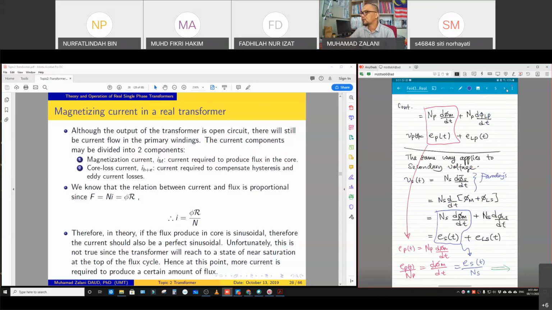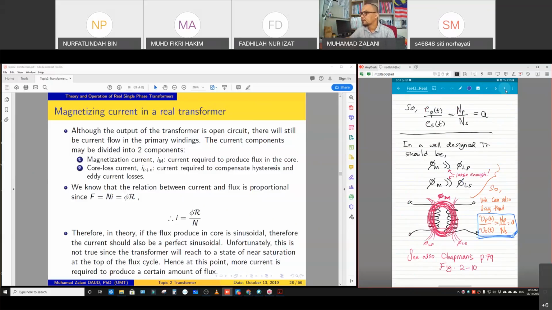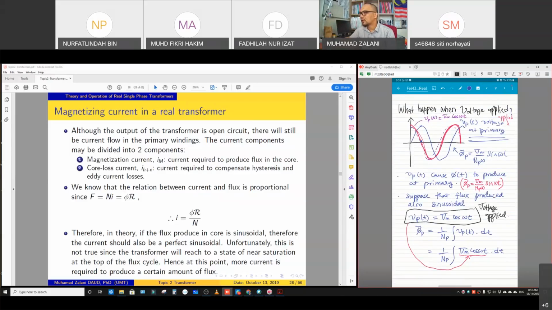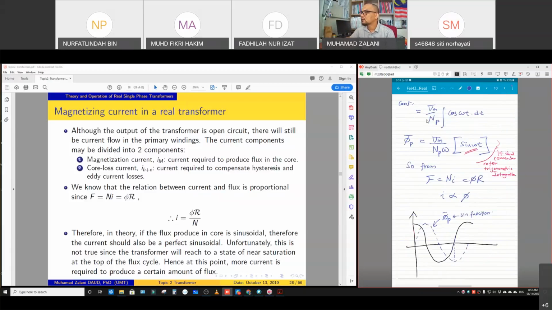So we can use that equation here to calculate the phi that is induced at the primary of the transformer. Using this equation, substitute Vp, then we further calculate until finally we get average phi at the primary is Vm over Np omega sine omega t.